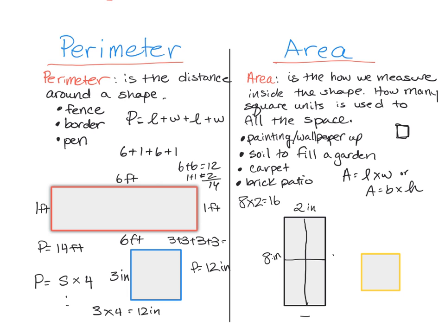They're not perfect boxes because I didn't draw very well and this is not to scale, but pretend these are perfect little squares. There are 16 units inside of this square.